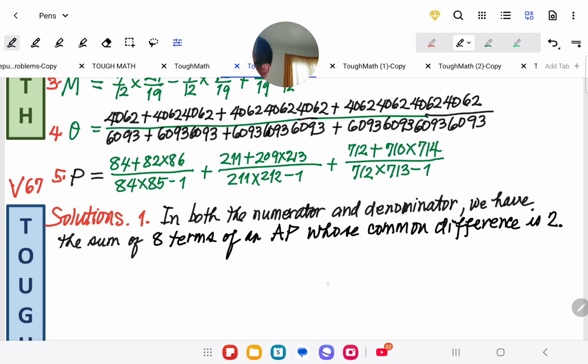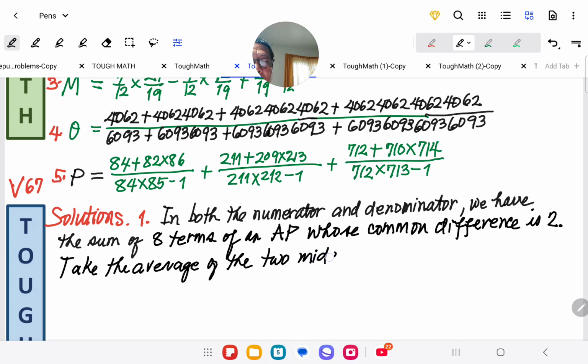Okay, so take the average of the 2 middle terms. Okay, 2 middle terms.